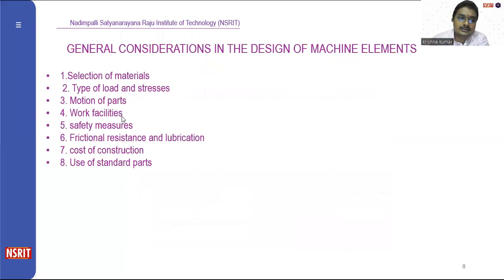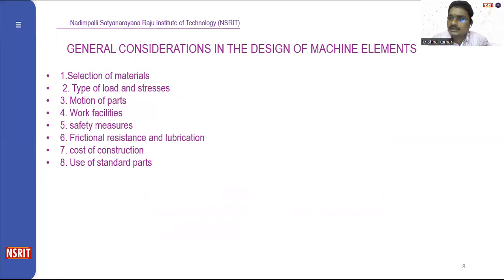Okay, so as we have seen, some of the general considerations for machine elements: the first one is the selection of materials by the design engineers, the types of loads and stresses that are acting. Next, you can see work facilities and moving parts, and also safety measures, frictional resistance and lubrication.